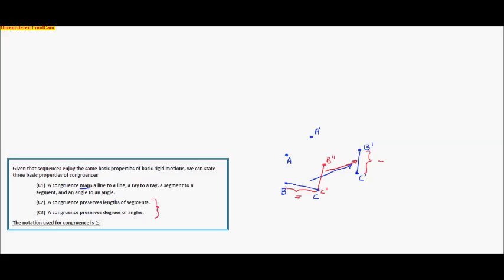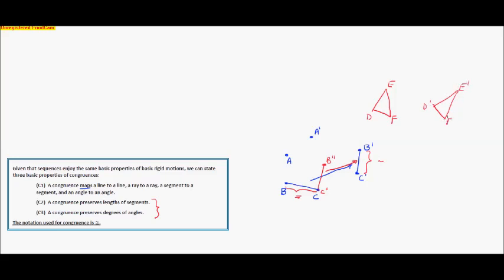A congruence preserves length. So if I tell you, I'll go over here and put a triangle. Here's triangle DEF. And I may draw another triangle over here, maybe pointing the other way, and this is D prime, E prime, and F prime.